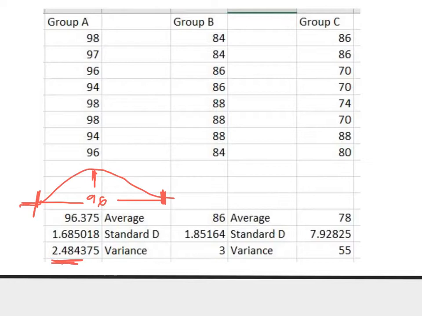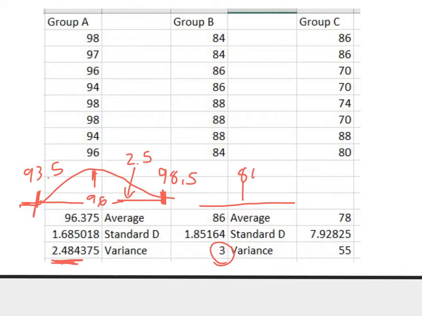So the vast majority of our data is going to be between 98.5 and, subtracting, 93.5. The vast majority of our data, we've got a variance of 3 here. The vast majority of our data here is going to be between 89 and 83.